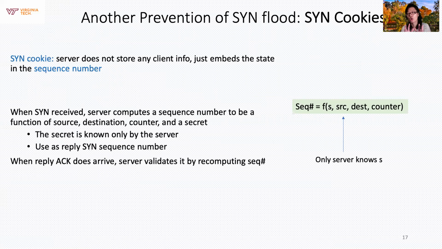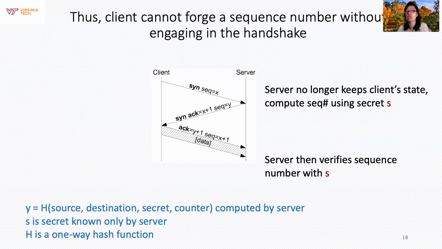And so only when the client follows the protocol will the sequence number check out. In the meantime, no one else can forge this sequence number. Therefore, the only way to pass the TCP handshake is to follow the legitimate sequence, and the server will be able to validate whether this is indeed the third leg of the TCP handshake or not.